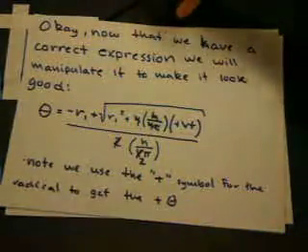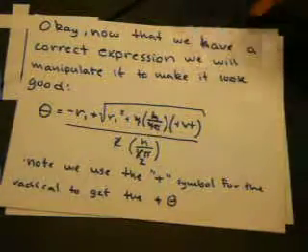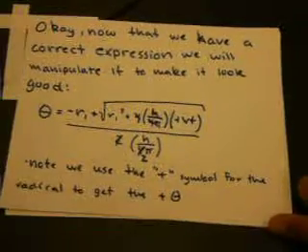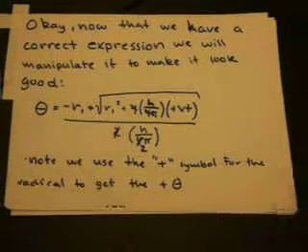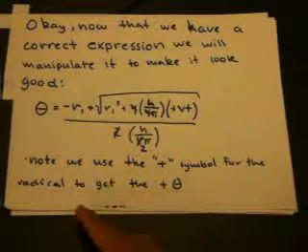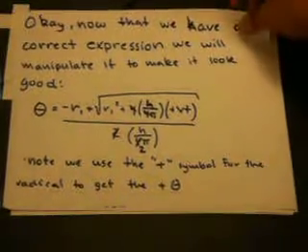Okay, now that we know a correct expression, we will manipulate it to make it look good. Note, we use a positive symbol for the radical to get the positive angle.